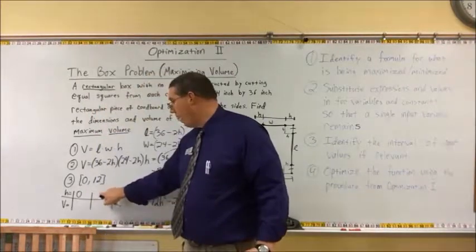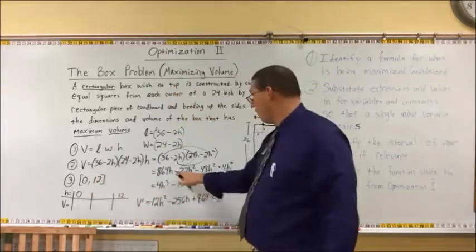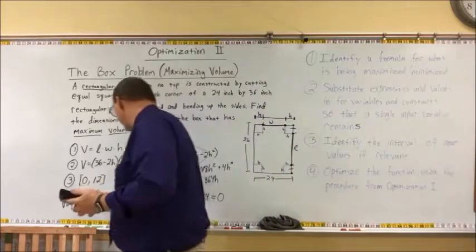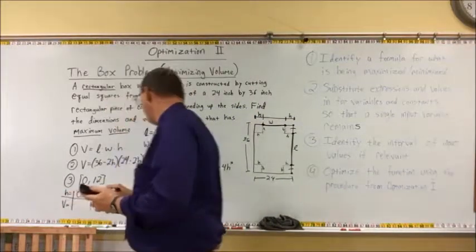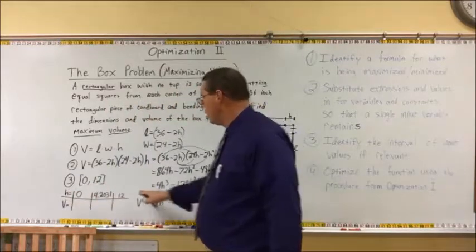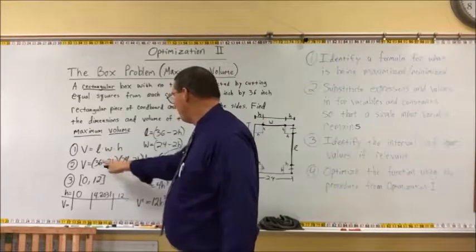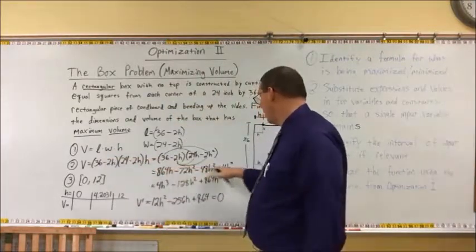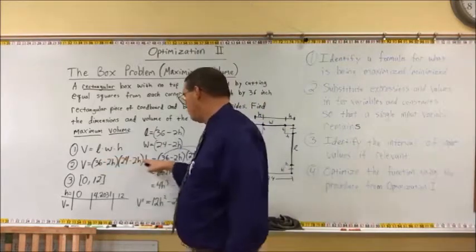There's only one critical value on this interval for my original function, and it's at 4.2031. Now I need to plug these values into the original function. I can either plug it in here, or I can plug it in right here. I'm going to go ahead and plug it into this factored form of it.